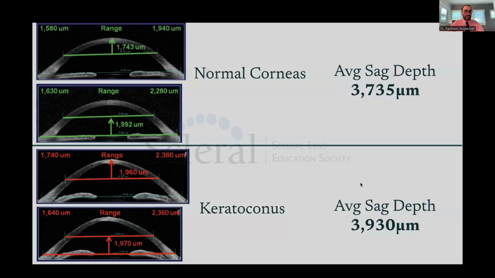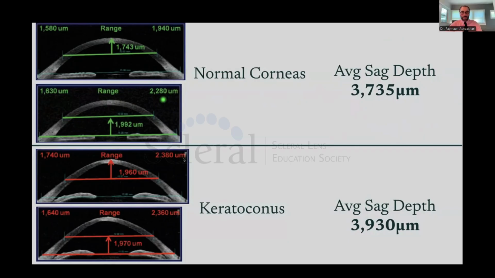So these are kind of the same slides, but organized between normal corneas and keratoconus. We're just showing the average sagittal depth between normal corneas and patients that have keratoconus. If you look at the top half, where normal corneas are, the average sagittal depth is about 3,735 microns, and that's essentially just these two numbers added together.